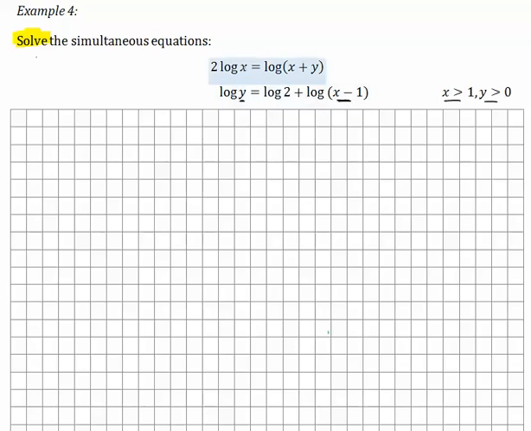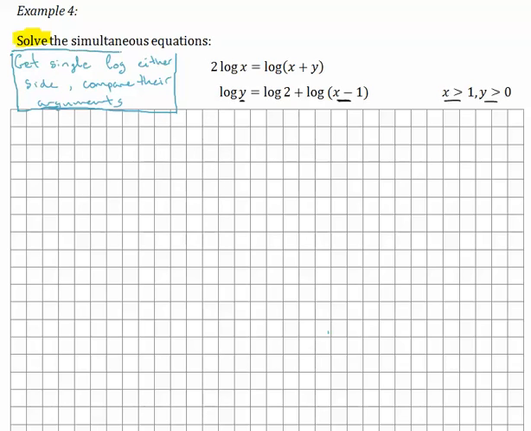What we need to do in this type of question is get a single log on either side of the equals, and then compare their arguments in both of those equations.